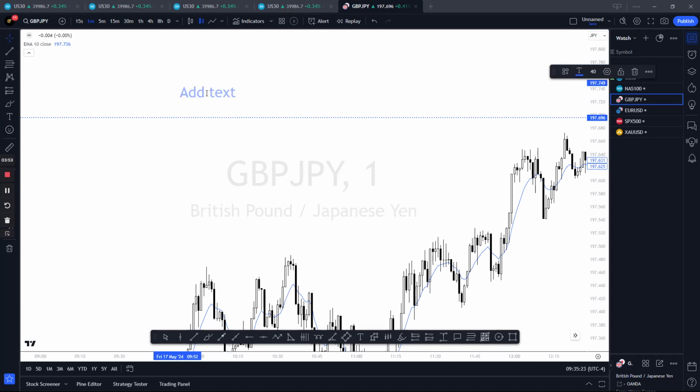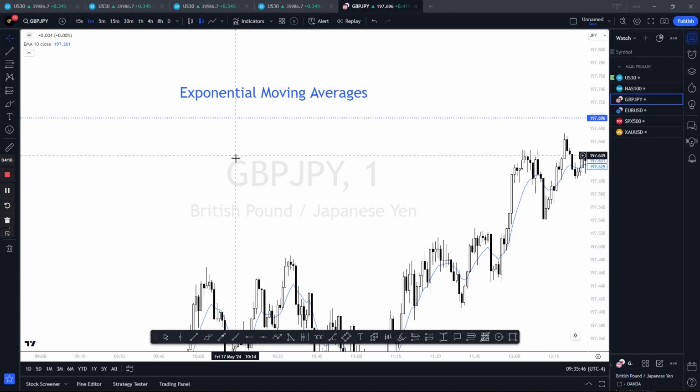If you're looking for key types of moving averages to use, exponential moving averages are probably the way to go. Exponential. EMAs are the way to go.